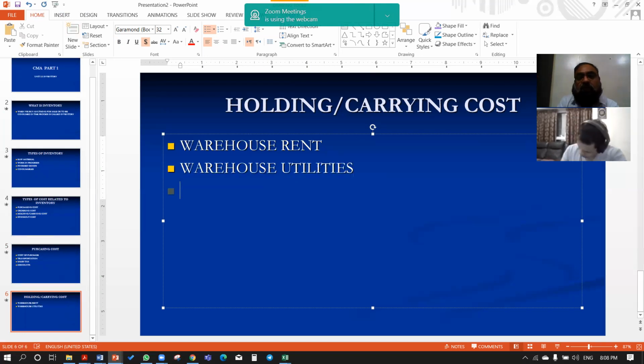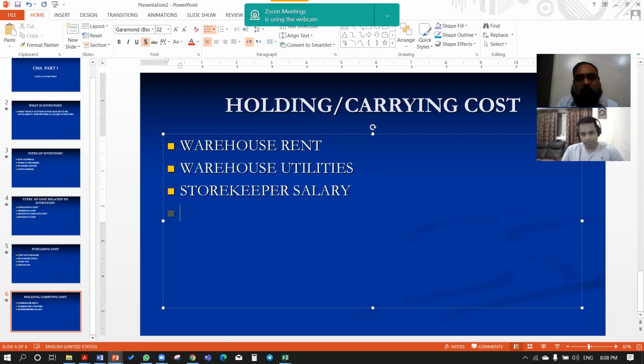And what else? Salaries of storekeepers. So these will be our holding costs.